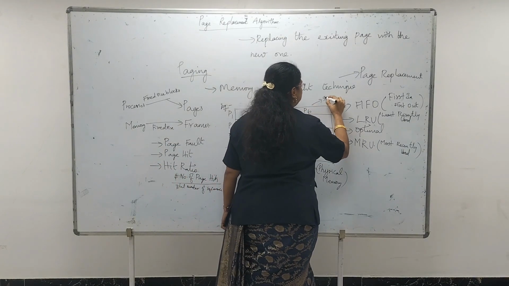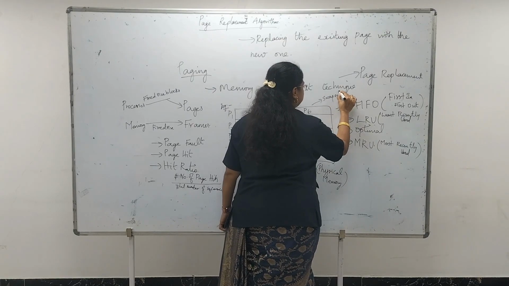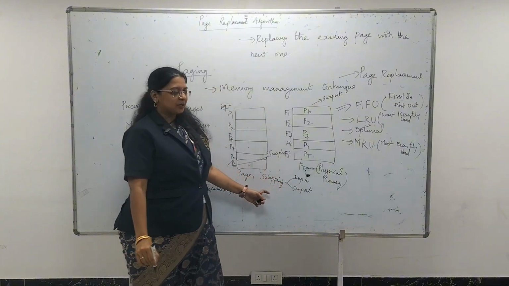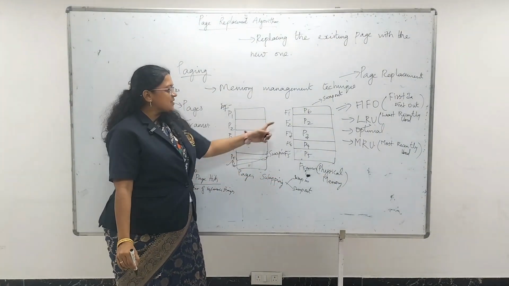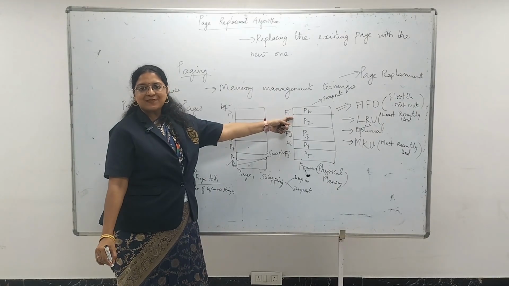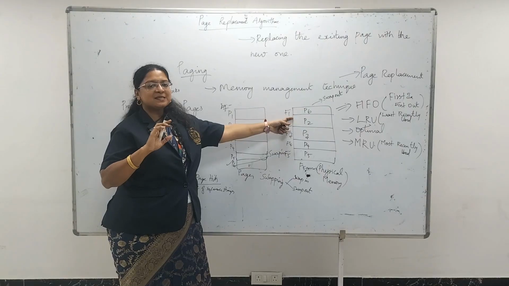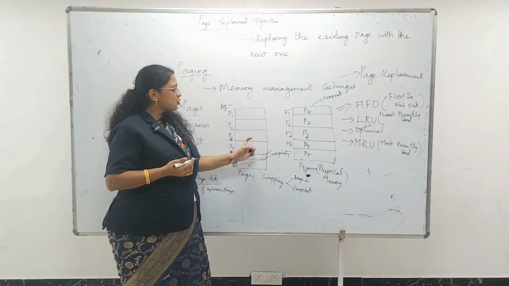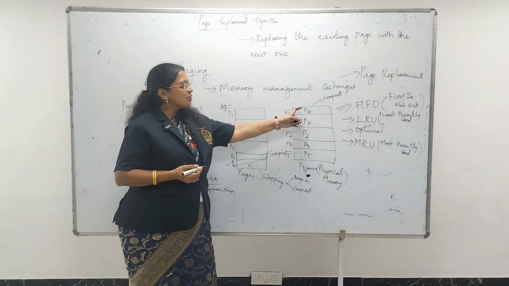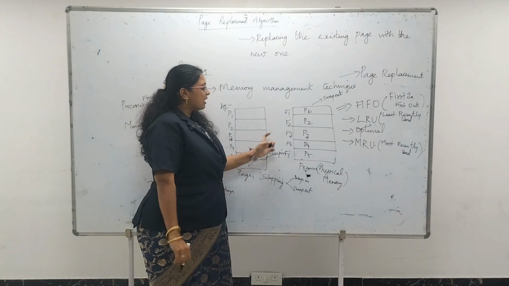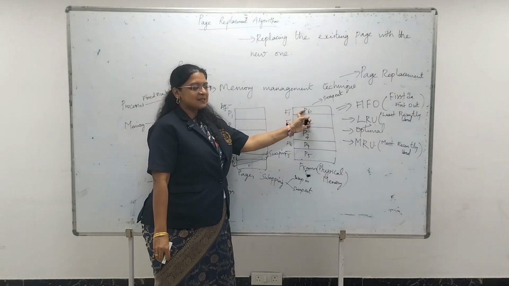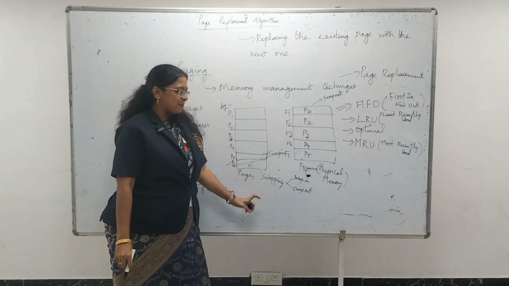P1 is swapped out of your frame. That is the swapping principle. Swapping is replacing the page. P6 replaces P1, so the existing P1 has to be swapped out and the new element P6 inserted. That is the swapping process.